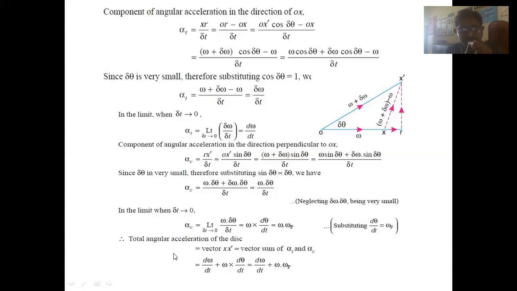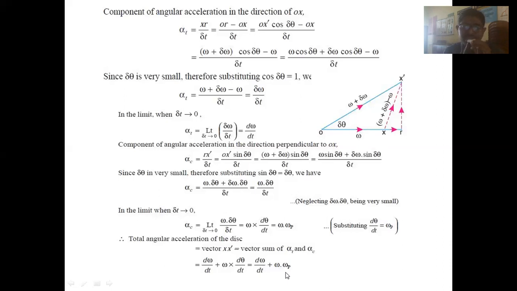Now the total angular acceleration of the disk is equal to the vector sum of alpha t and alpha c. From that, if I substitute, I will get d omega by dt plus omega into omega p. So from this relation, I find the total angular acceleration of the disk.